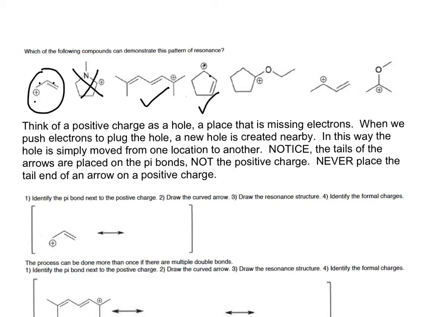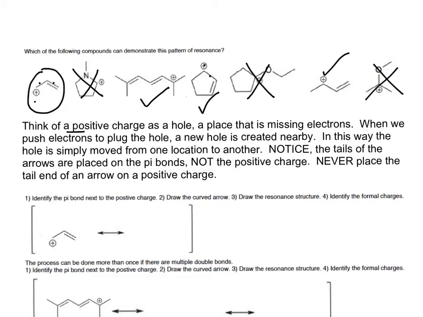For the fourth, no pi bonds. In the fifth, positive charge, single bond, pi bond. In the sixth, and then there are no pi bonds in that final structure.